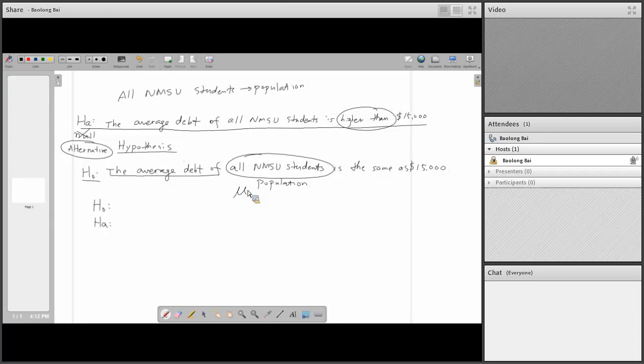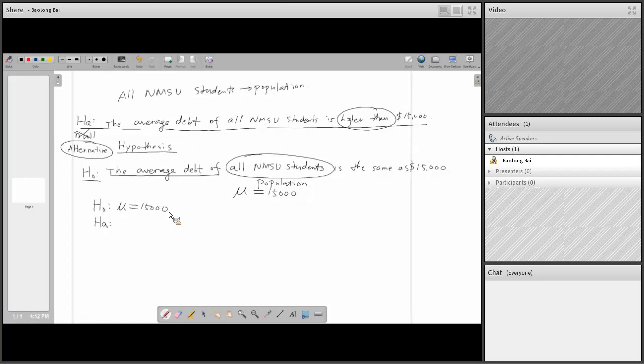And we can use a sign to indicate equal to, right? And then whatever is equal to, we just write it out, 15,000, right? So we can write our null hypothesis as mu is equal to $15,000. And that means exactly the whole long sentence. So you can simplify the writing if you use a notation.